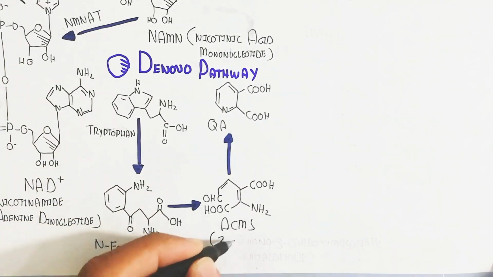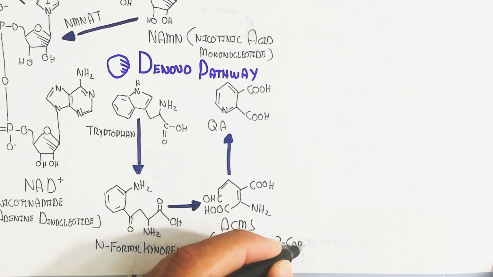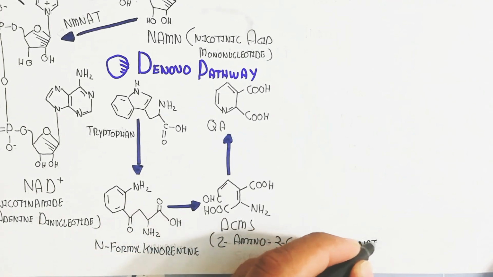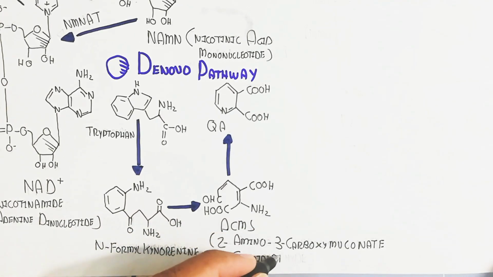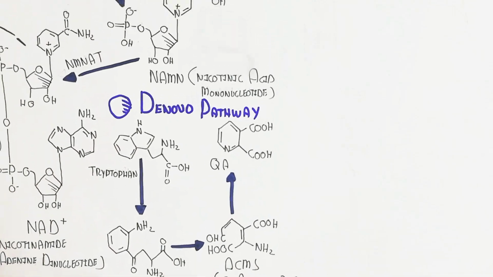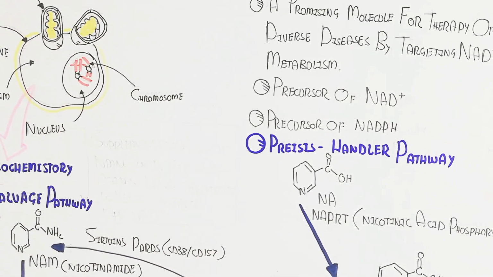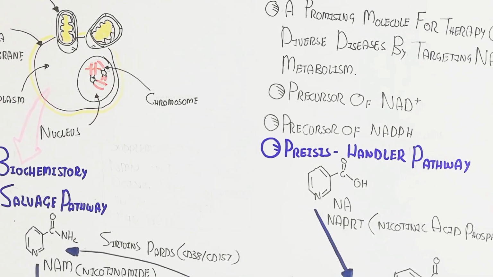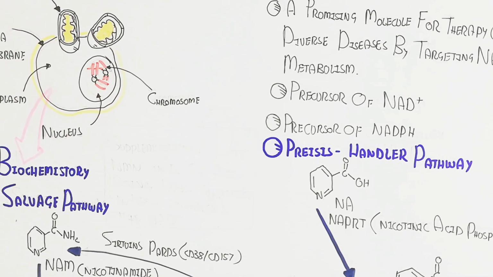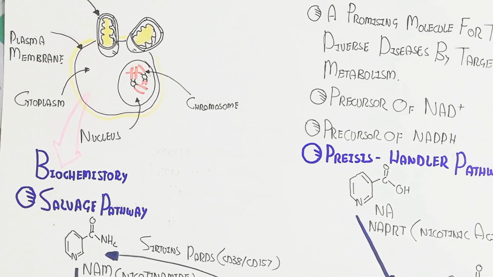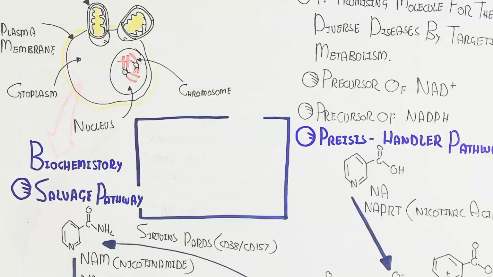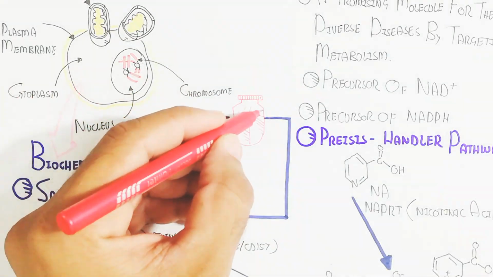ACMS formation will occur, and in this way it will be converted into QA. So this is the de novo pathway. Remember, the de novo pathway means the complete synthesis starting from tryptophan to produce the NMN.